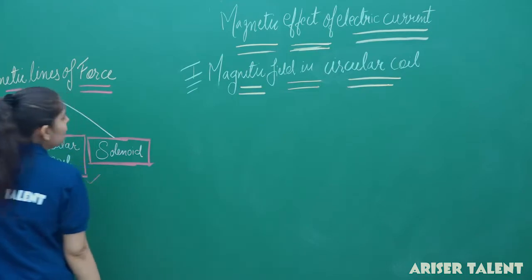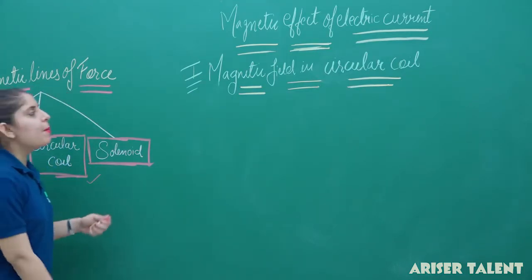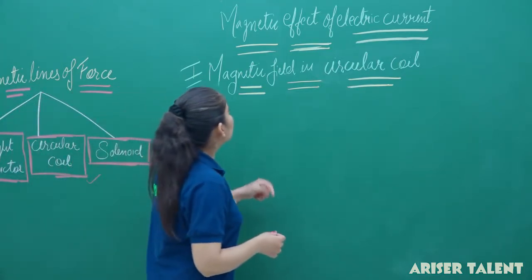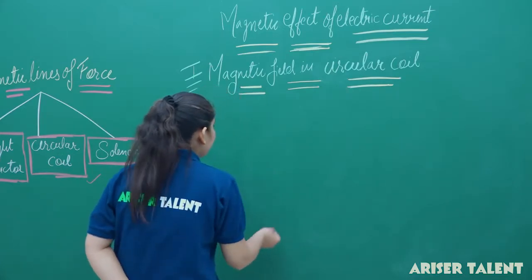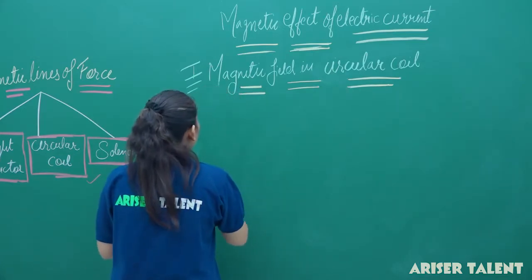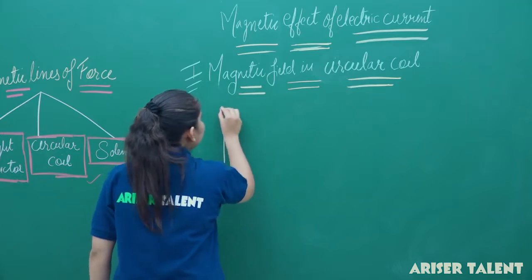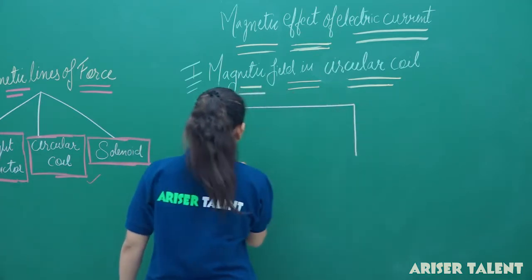In the case of the circular coil, how will you achieve the magnetic lines of force? So, let us draw a diagrammatic representation again here. Firstly, let's see how the magnetic lines of force will be in this case.